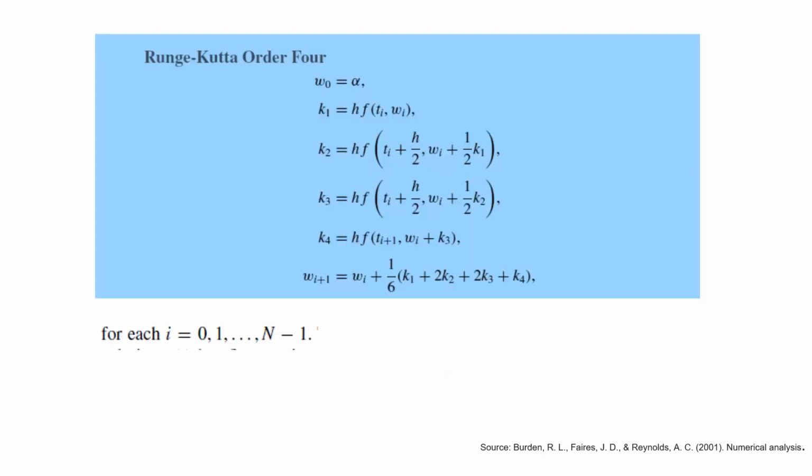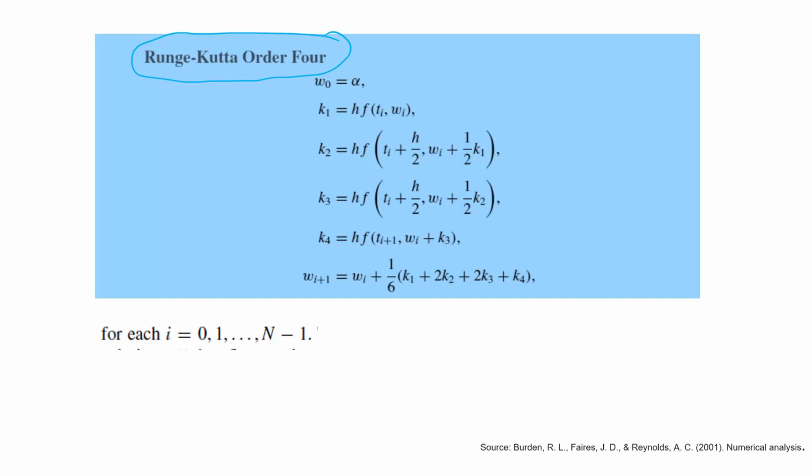Now we will move on to the Runge-Kutta fourth order method. Runge-Kutta fourth order method is again a modified version of the Euler's modified method. Euler's modified method is also called the Runge-Kutta second order method. So Runge-Kutta fourth order method can be thought of as a method with the weighted average of 4 tangents.